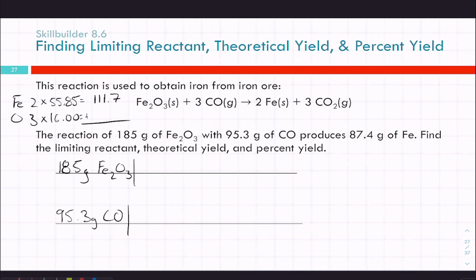And then 3 times 16 is 48. So the addition of those together will be 159.7 grams per mole of iron oxide. So we use this to convert to moles.